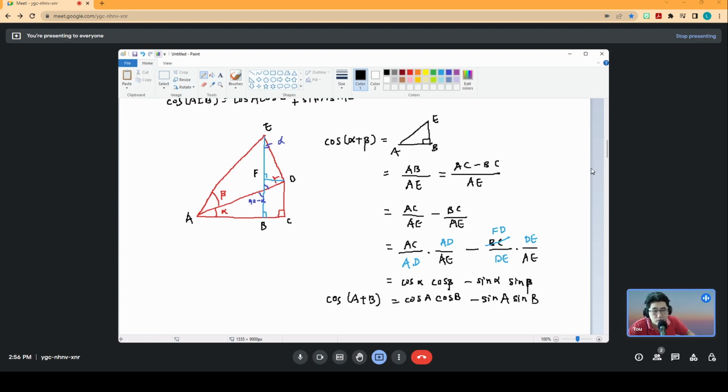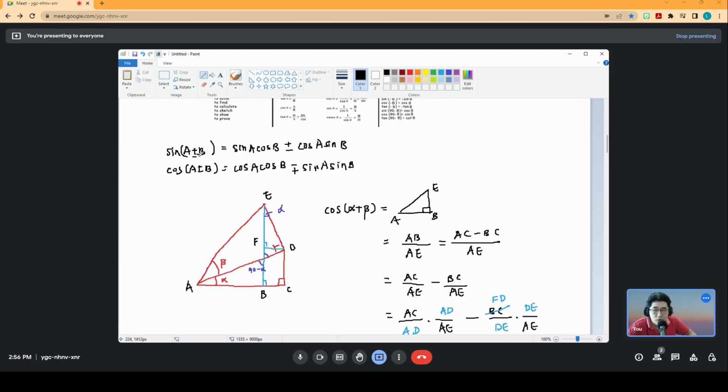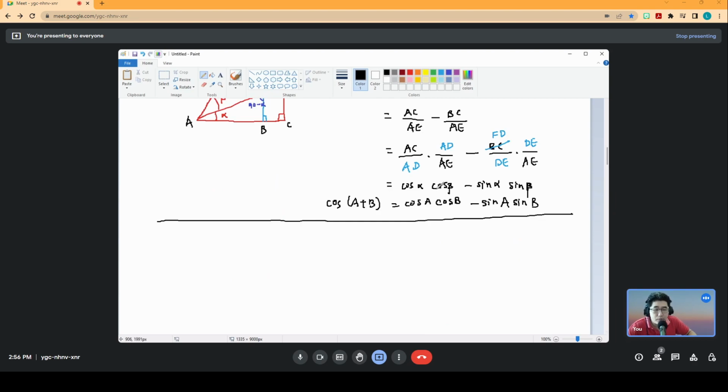As further math students, you will be expected to remember the proof. Then from here, what next? From this, we start to take care of the other three. Since one of them is already solved by diagram, the other three can be solved by using the relationships from P1.